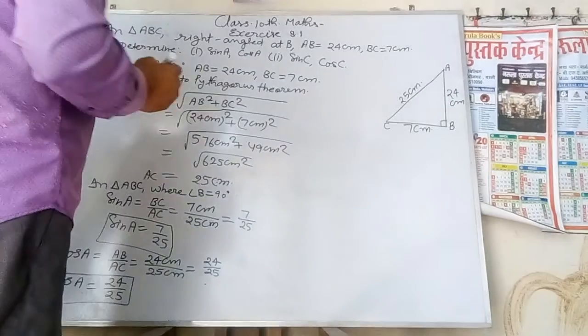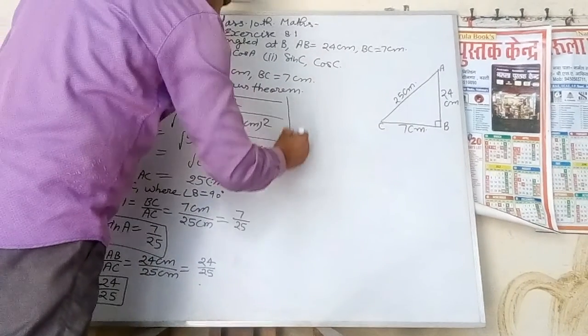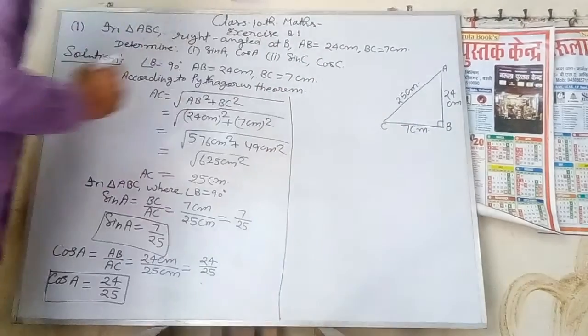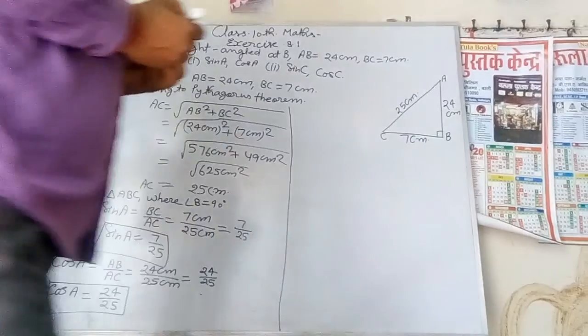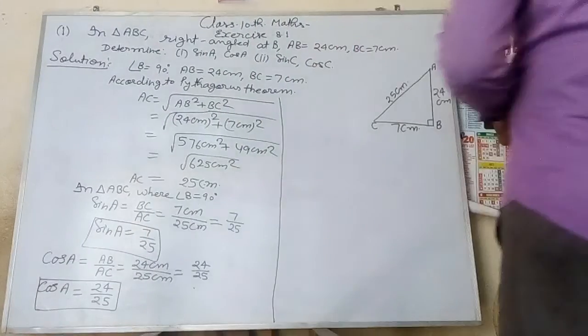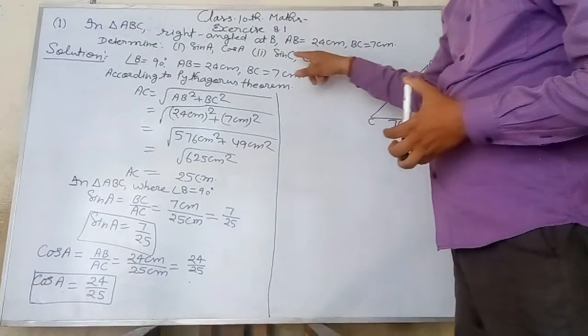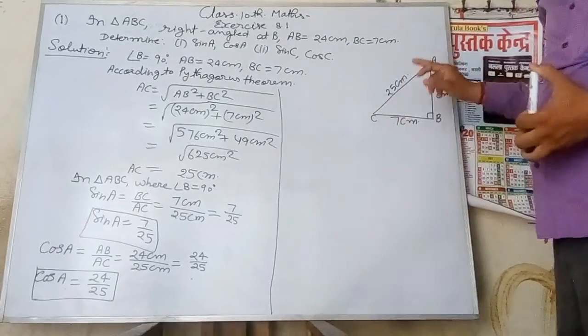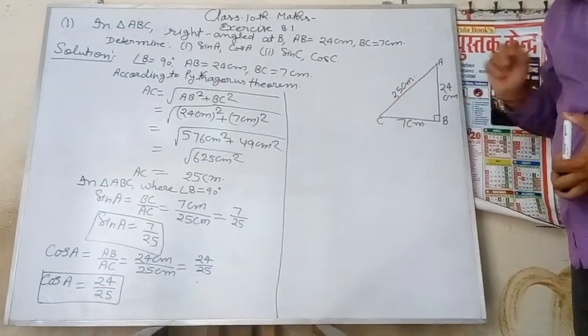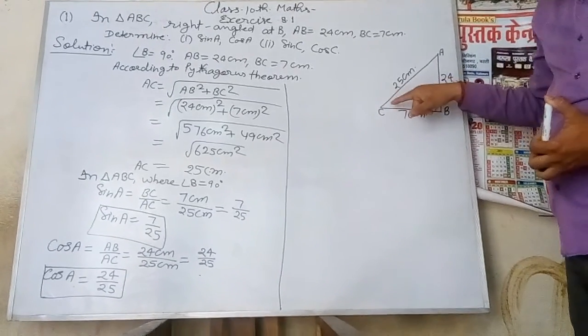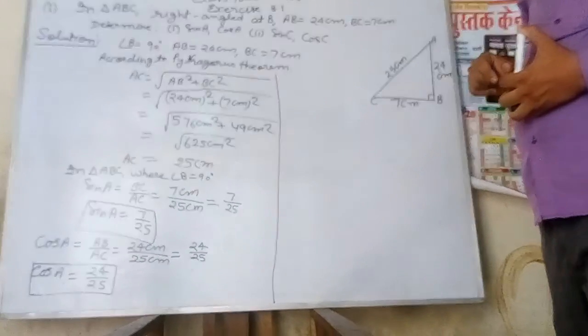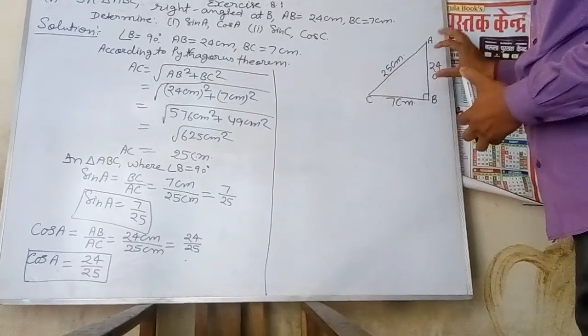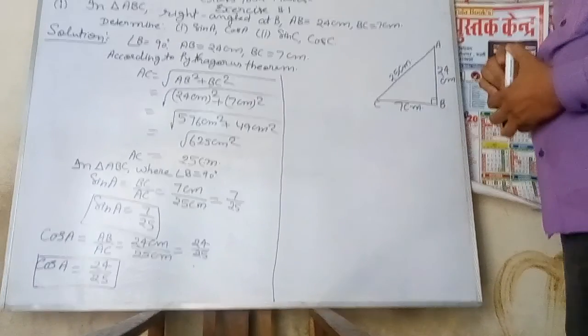And next, now we will solve sin C, means sine of this angle C. If we take this angle C, then perpendicular is AB.